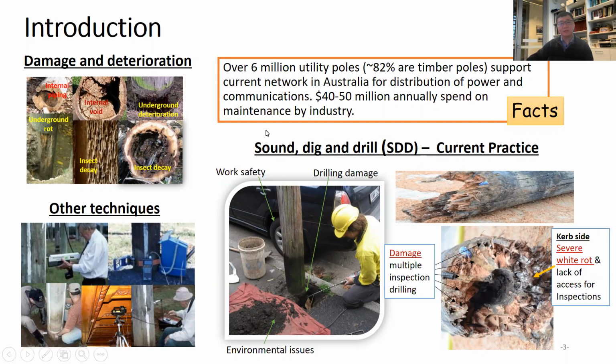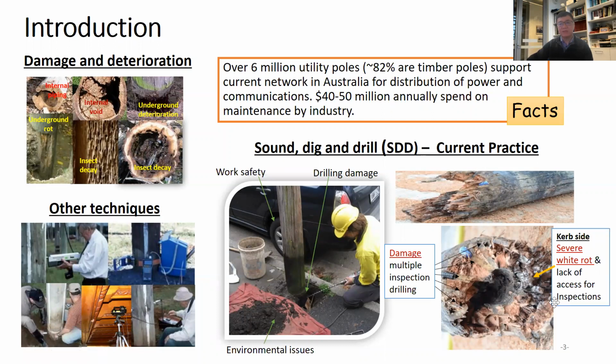The current practice is visual inspection based, and it's called SDD, which stands for sound, dig, and drill. The major part of this inspection is digging half a meter in the hole around the pole, so for a timber pole, they can drill through it to test the material deterioration.